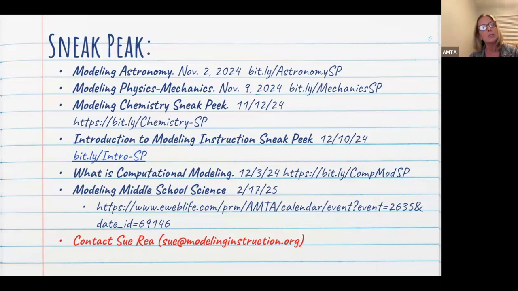Each person volunteered to do this. They chose one or maybe two activities, and they'll do them in student mode, and then in teacher mode as well, including the whiteboarding and the discourse, and just give people that are not familiar with modeling a glimpse into what you do at a modeling workshop. What would it be like to take a modeling workshop?